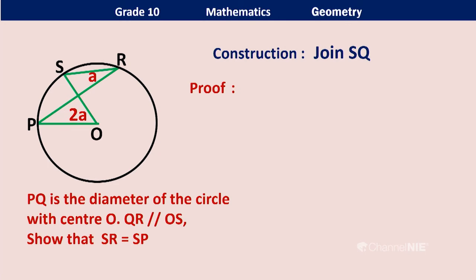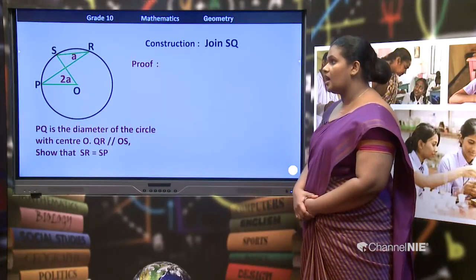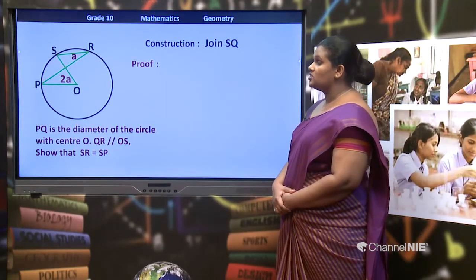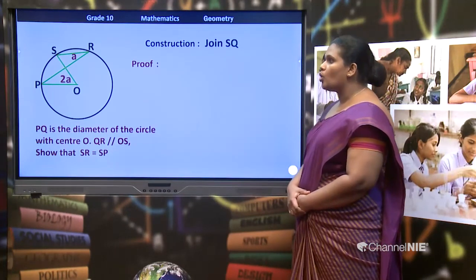Therefore, we know that angle SRP is the angle subtended by the minor arc SP on the remaining part of the circle. The angle subtended by the same minor arc SP at the center of the circle is angle SOP.